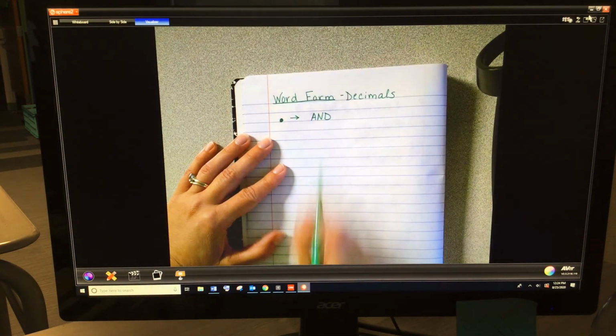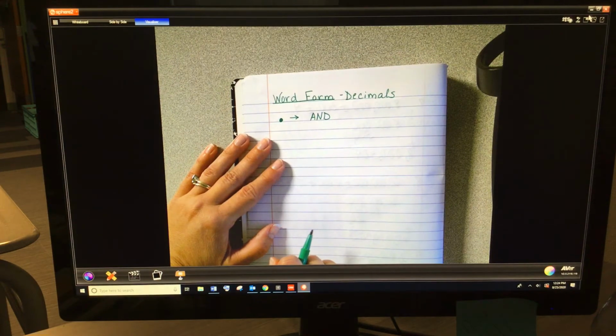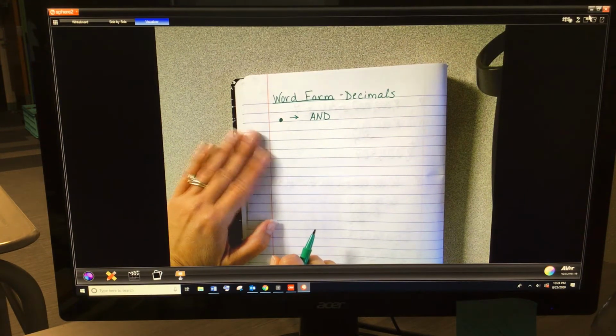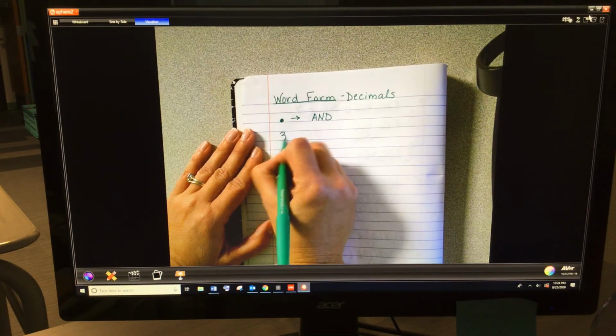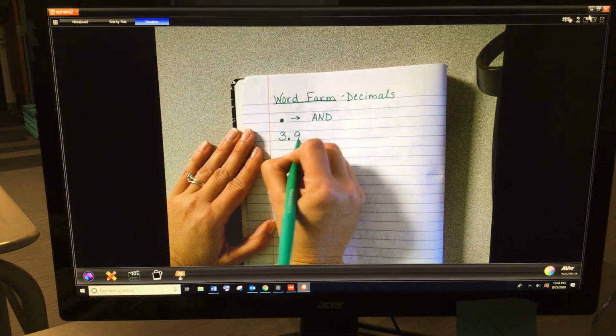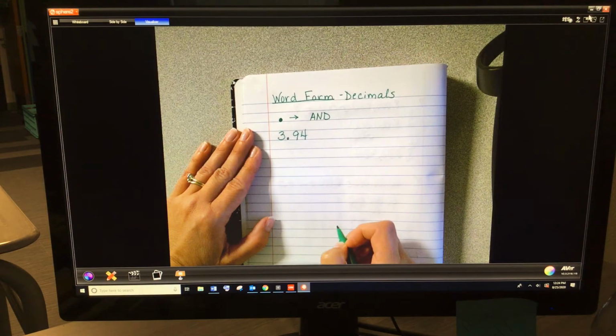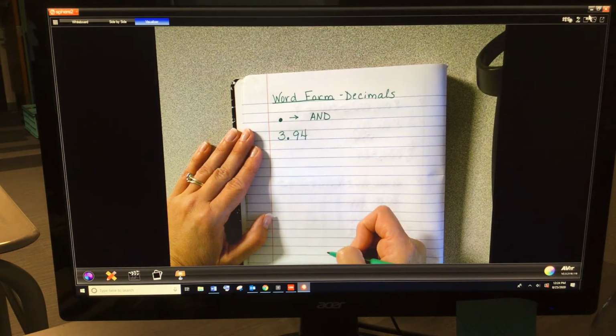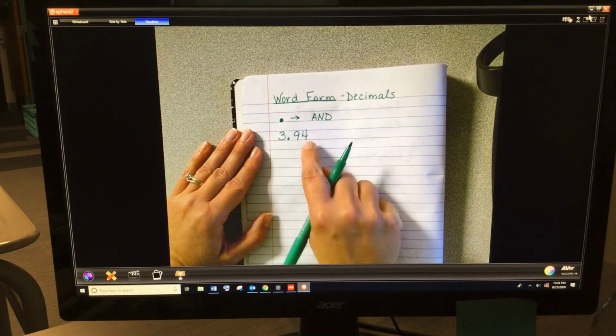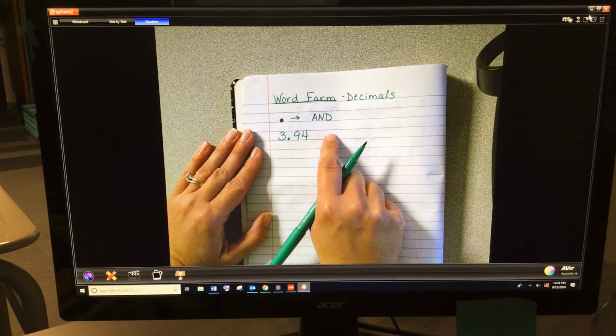Our decimal point, when we read a decimal, is "and." When we see this decimal, 3.94, we need to read it correctly and say 3 and 94 hundredths.